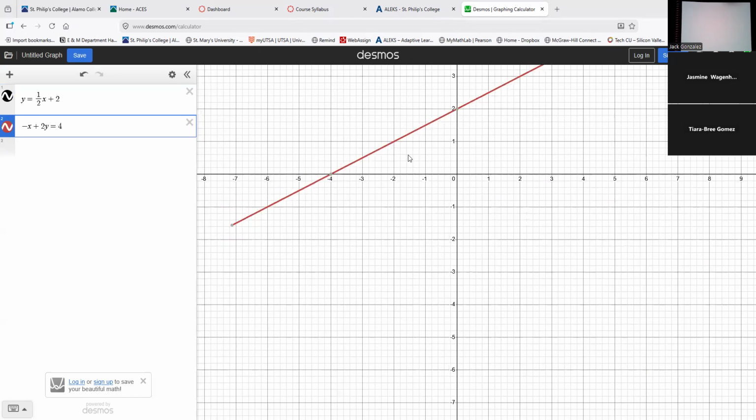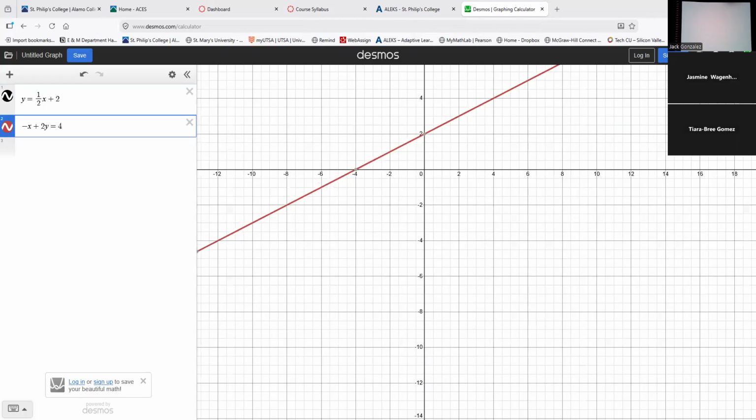Again, it looks like, oh man, that's another infinite case. They're all on top of each other. All right, well, we just gotta graph this on the problem.